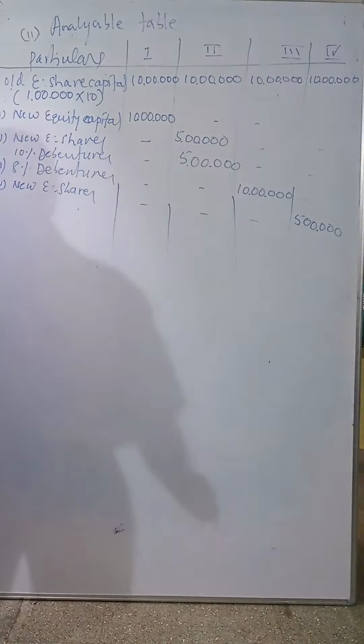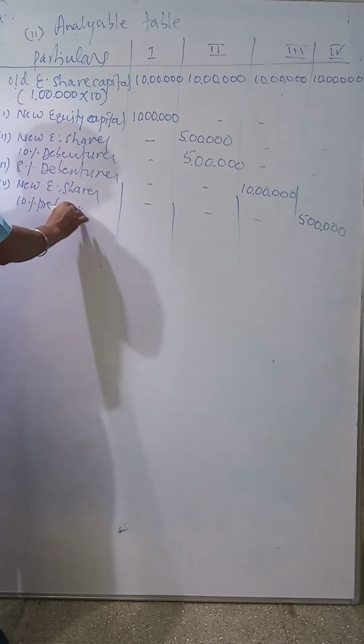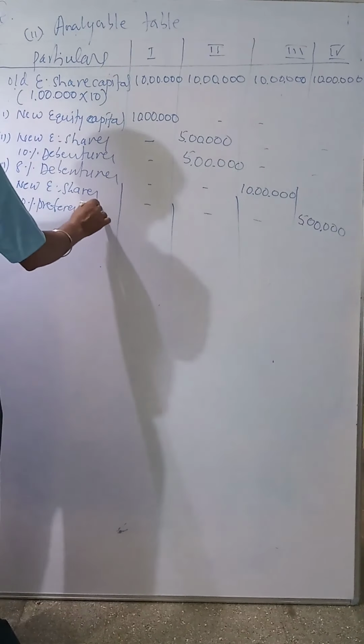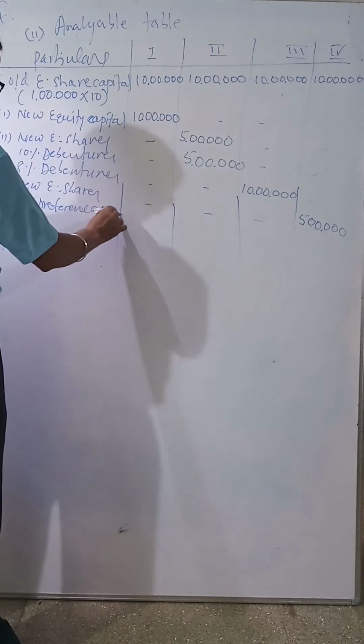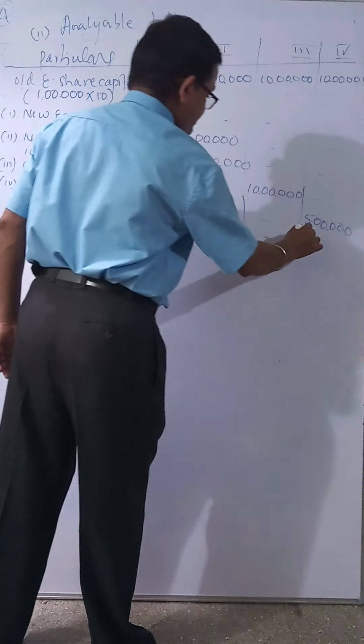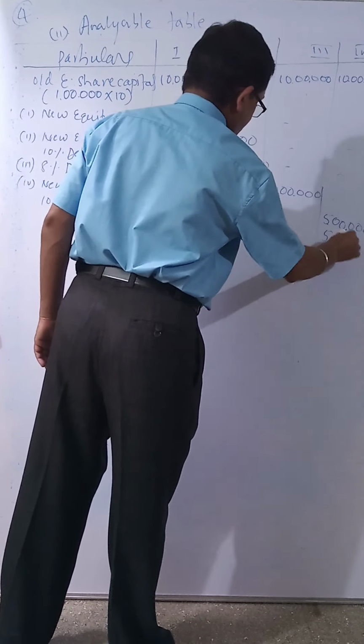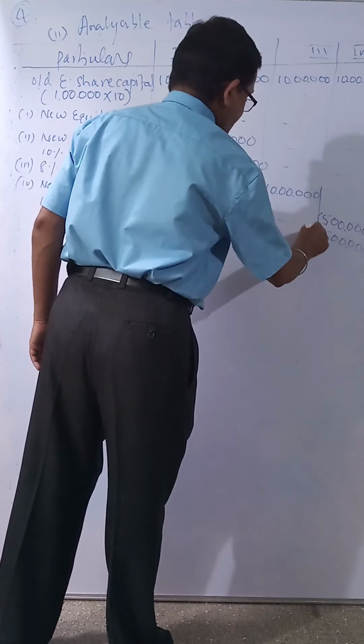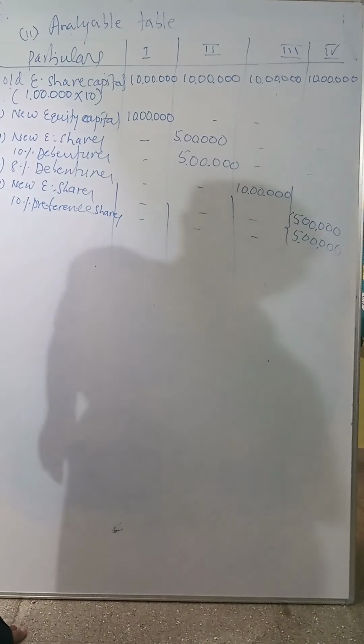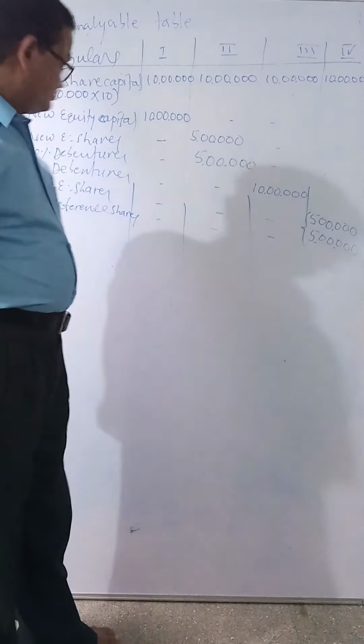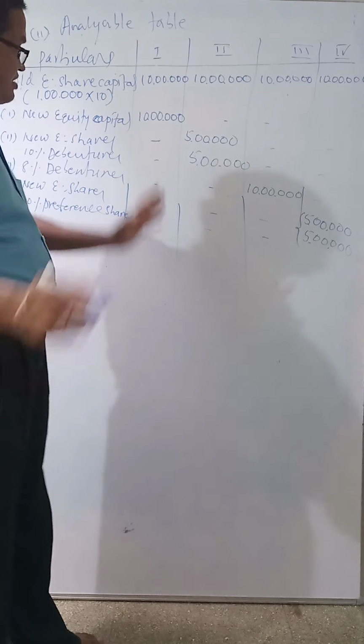How much? Rupees 5 lakh. So 5 lakh in equity shares and 5 lakh in preference shares, 10 lakh, over.